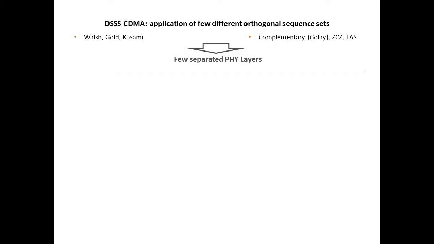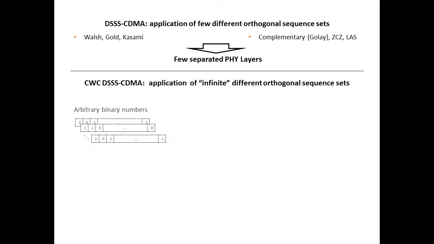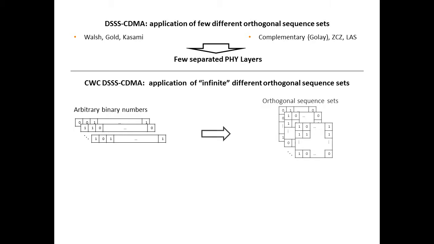So there are only a few code sets that can be used in CDMA for physical layer encryption. But I found a way to create an almost infinite quantity of orthogonal code sets from arbitrary numbers. Thereby, the arbitrary number that specifies the sequence set is the key for physical layer encryption, and these sets are quasi-orthogonal to each other and can be used in DSSS processing schemes.